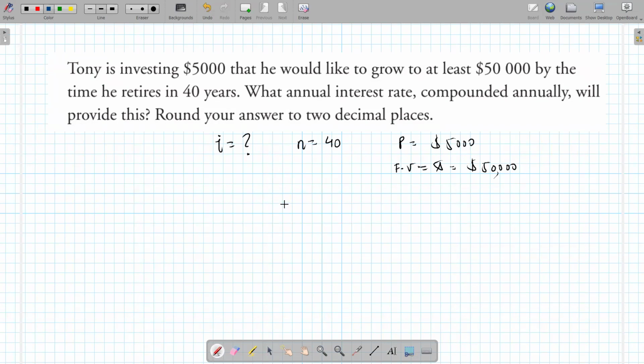We're missing I, so either formula would work here. I'm just going to use the basic formula: amount is principal times (1 plus I) to the power of n. You can use that or you can use the other one. It doesn't really matter. I'm going to use this because I don't want to deal with negative exponents.